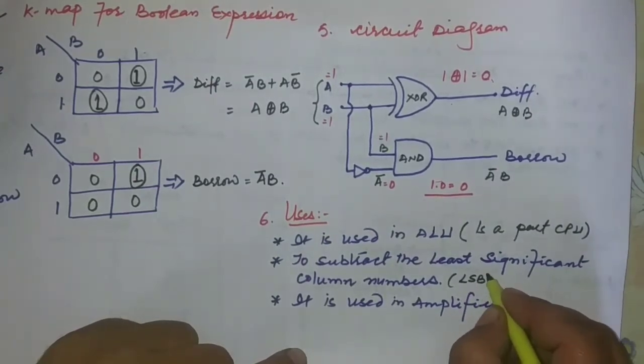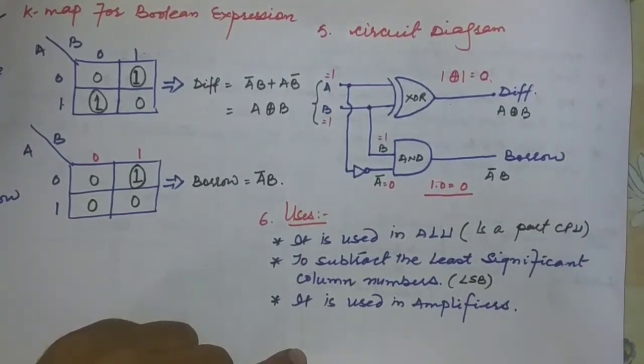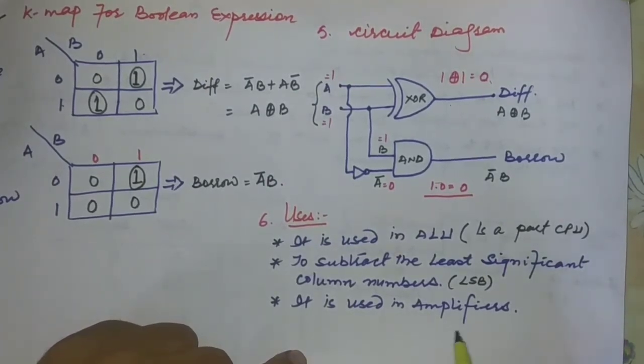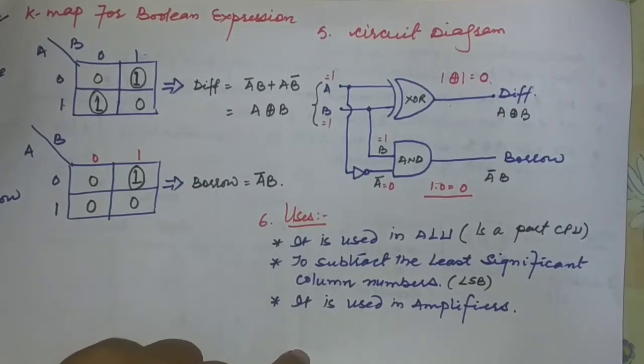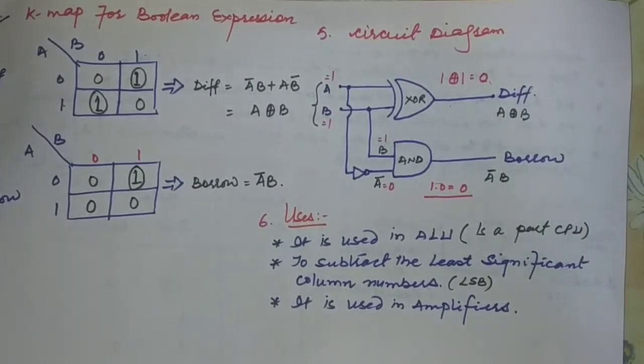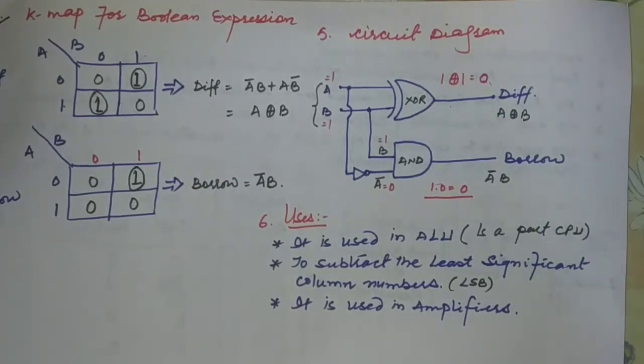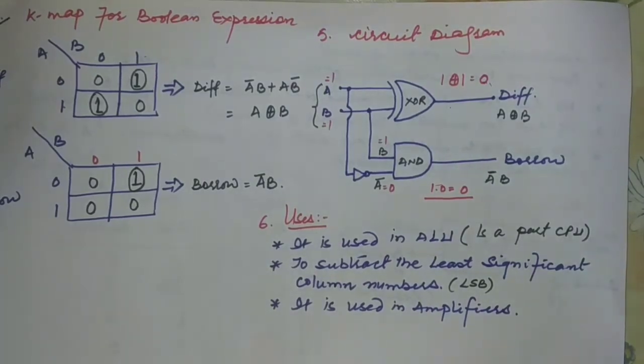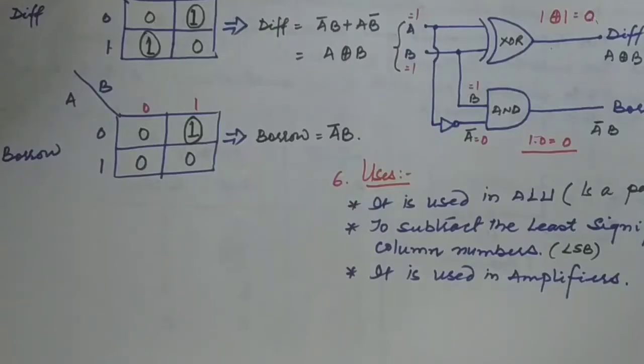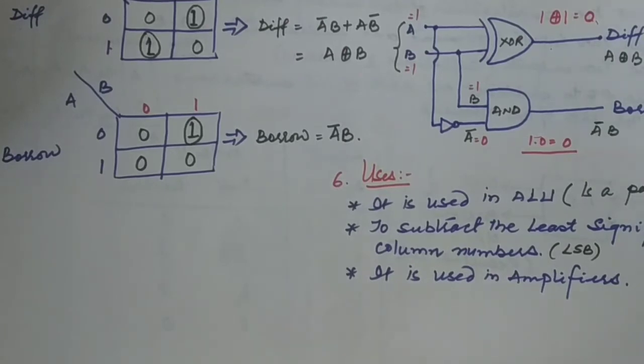It is used to subtract the least significant bit of the binary numbers. It is used in amplifiers, because when there is a transmission of a signal from one point to another, there is distortion of the signal because of noise. That noise is inevitable, it is certain to happen. So it is also used for the amplification of signals.